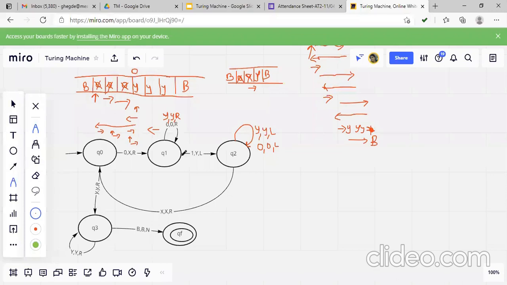Got it? Okay, good. Any other doubt, students? Let me know if you have any single small doubt. Please make it clear.